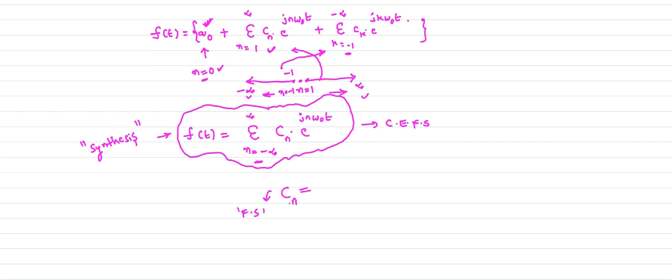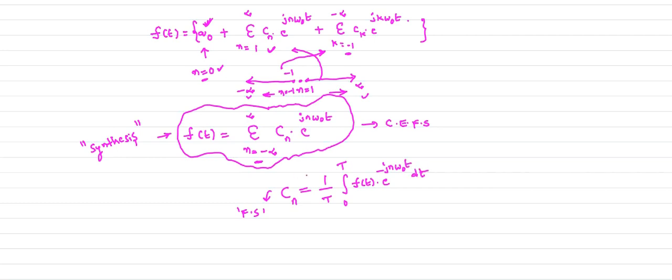So how can you calculate the Fourier series coefficient, the Cn value? Cn is the complex exponential Fourier series coefficient. You can calculate it using this formula: 1 by T integral 0 to T, f of t into e power minus jn omega naught t dt.